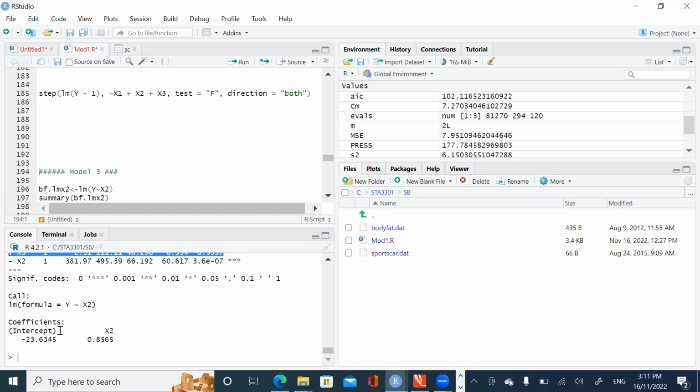In this particular example, forward and stepwise give us the same results, but backward elimination gives us different results. That's possible. All of the methods may not produce the same results, but in this case forward and stepwise produce the same results, though they may produce different results as well.